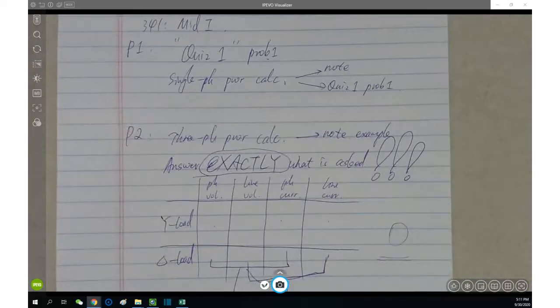In terms of time, be careful. Be careful that the time of the midterm one is what? Anyone knows?